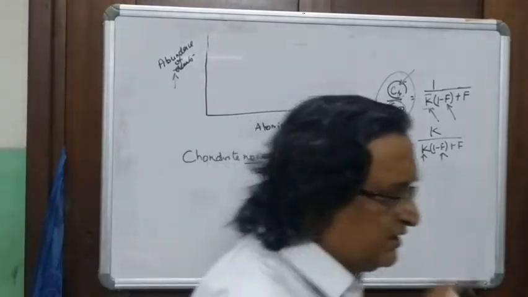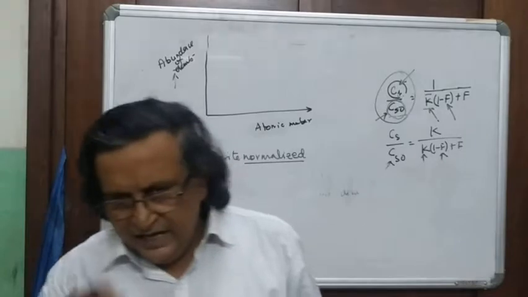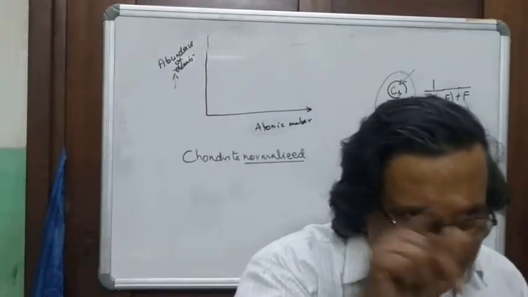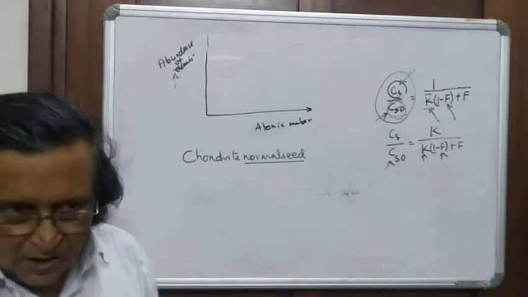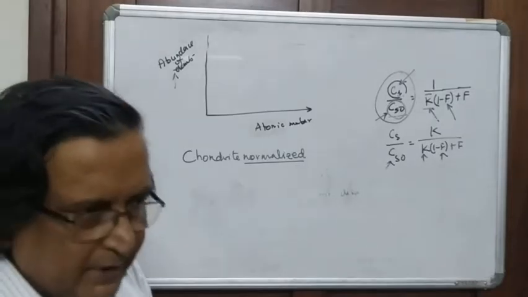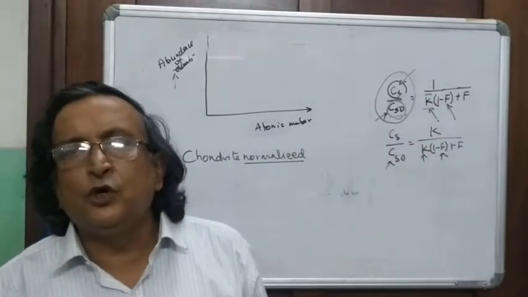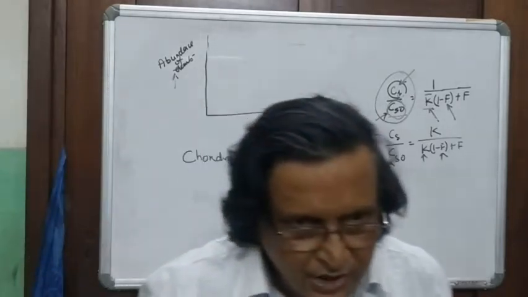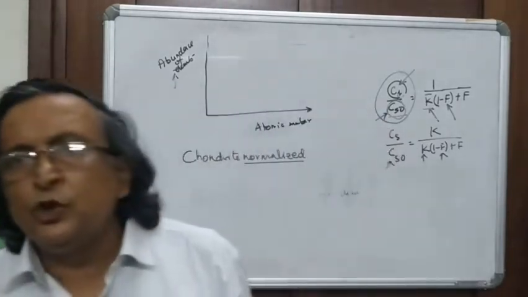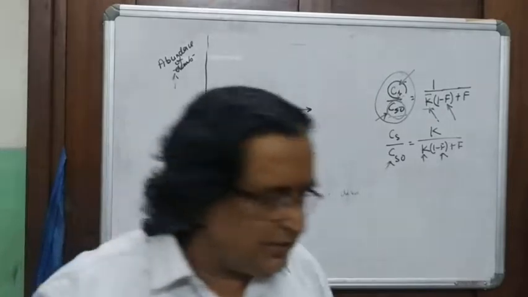Now, elements have even atomic numbers and odd atomic numbers. Even atomic numbers are those that have paired electrons. Odd atomic numbers are those that have unpaired electrons.